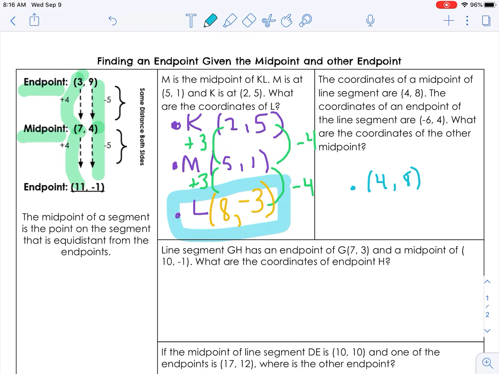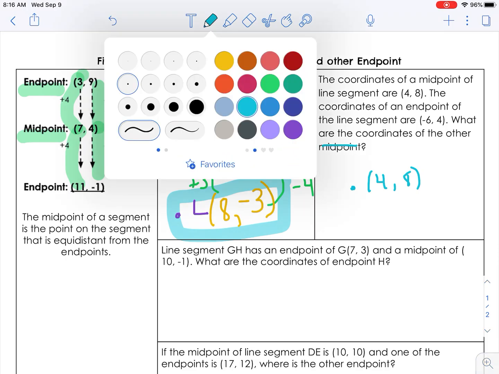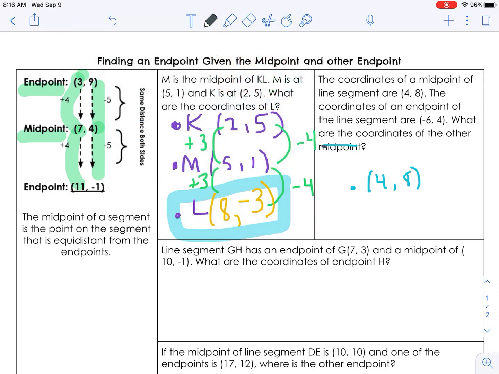Another typo, that should say endpoint. All right, so the endpoint that they gave us was -6, 4. We are trying to find our other missing endpoint.